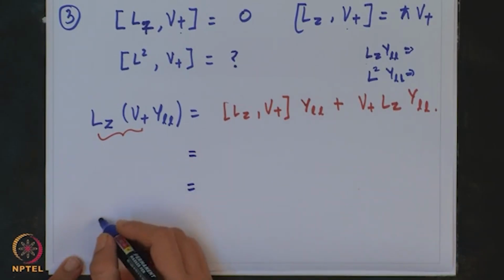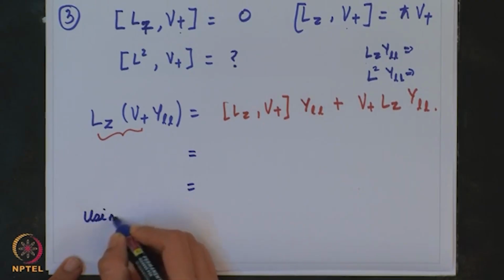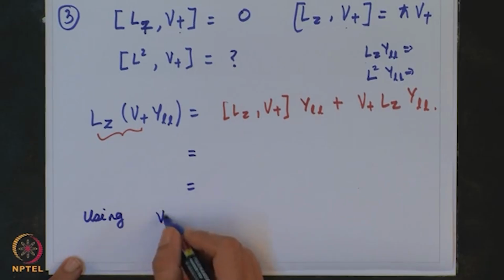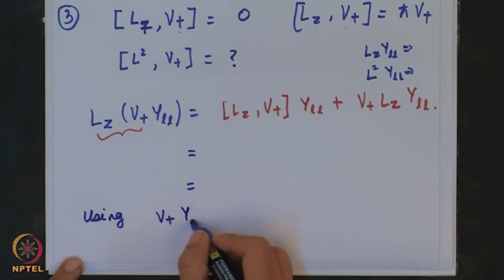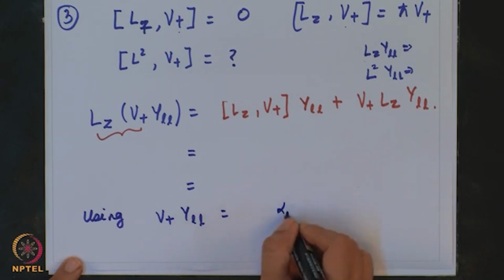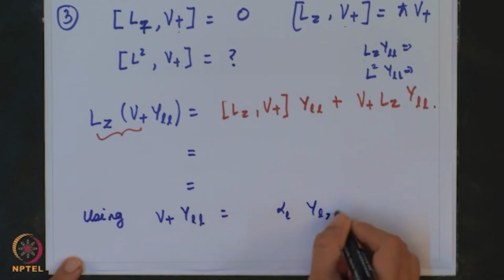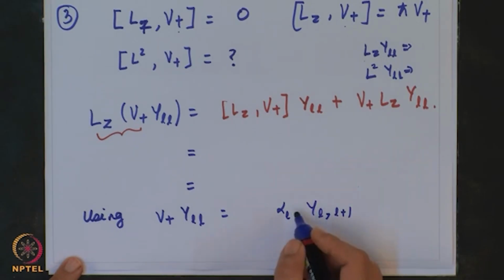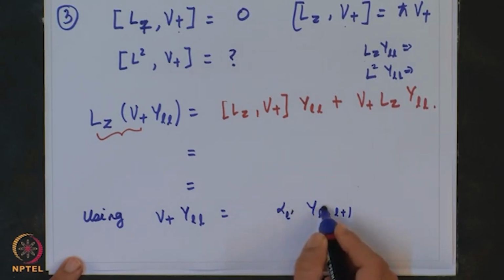In the second part, using the same analogy, using the fact that V plus when operated on |ψ_LL> would give some alpha L' |ψ_L'>, if this ladder operator takes you from L to L plus 1, where L' goes from L plus 1 to some infinity.